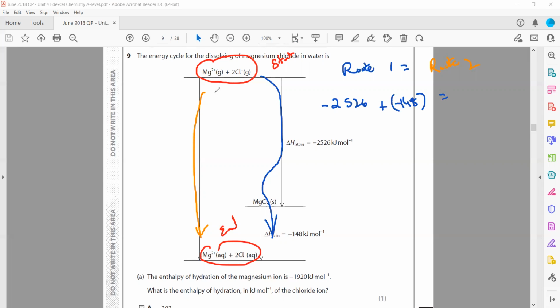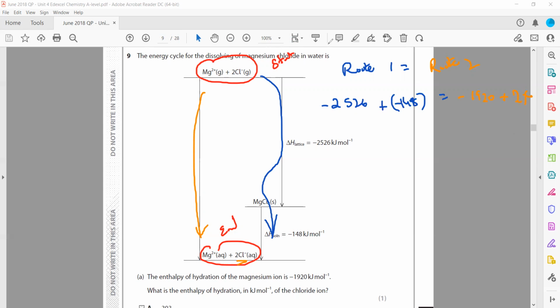What is the energy change of route 2? One magnesium ion is there. The enthalpy of hydration of a magnesium ion is minus 1920, plus the hydration of 2 chloride ions, so 2x, 2 times the hydration of chloride.